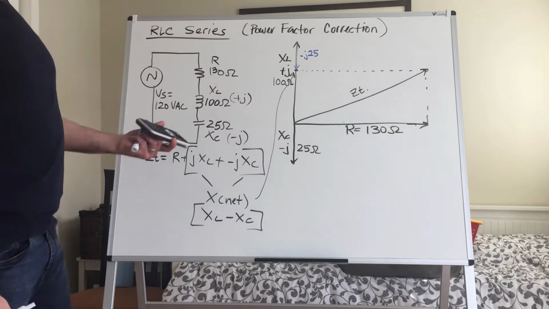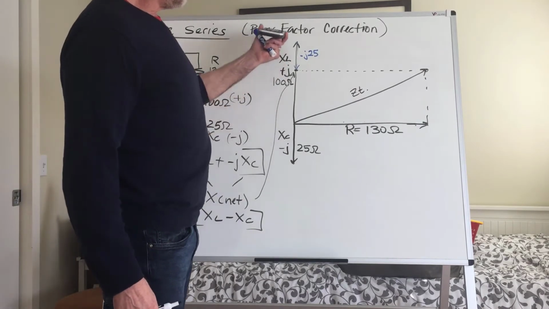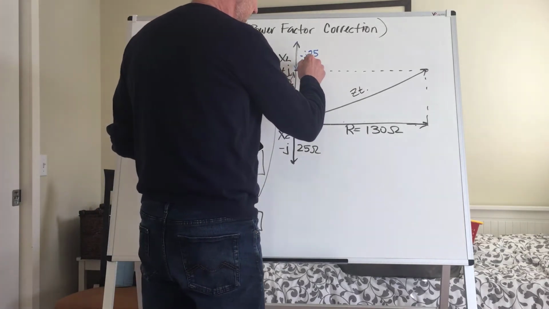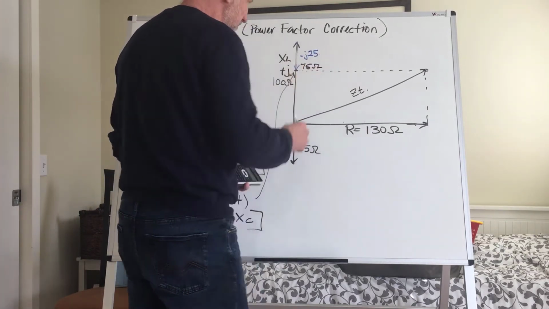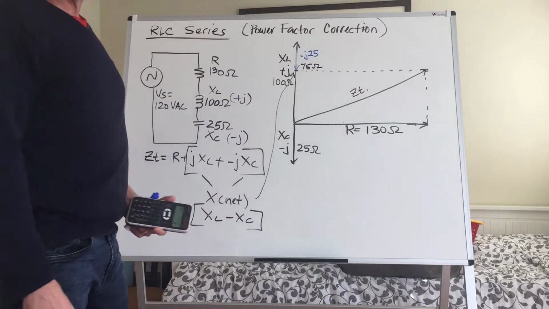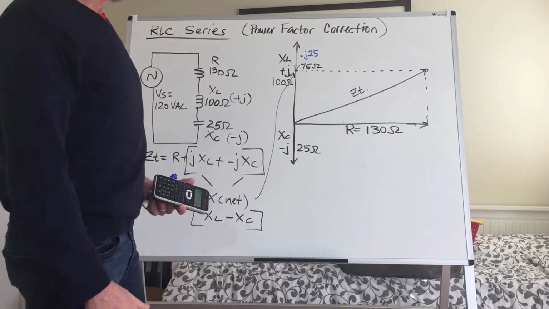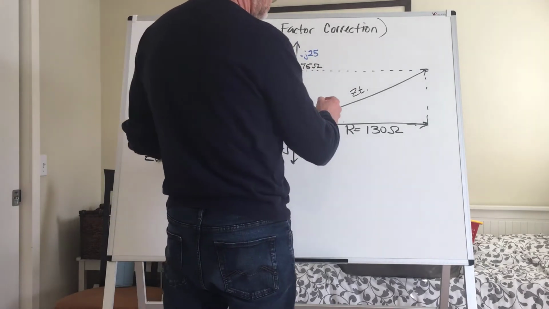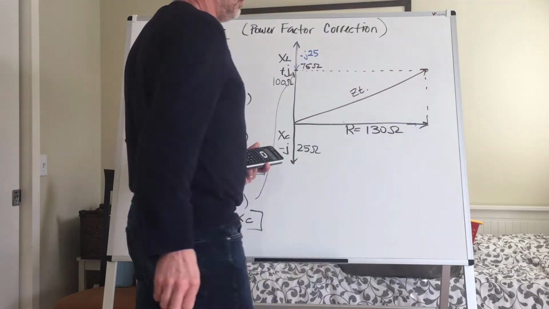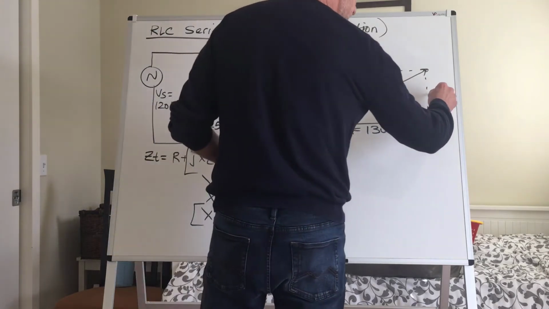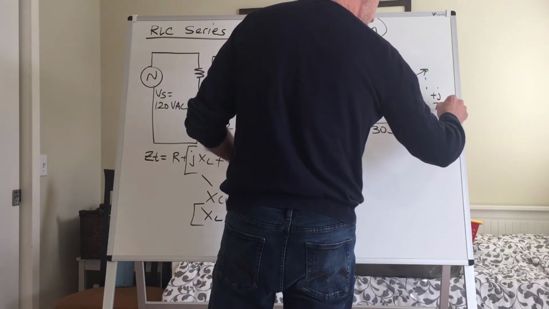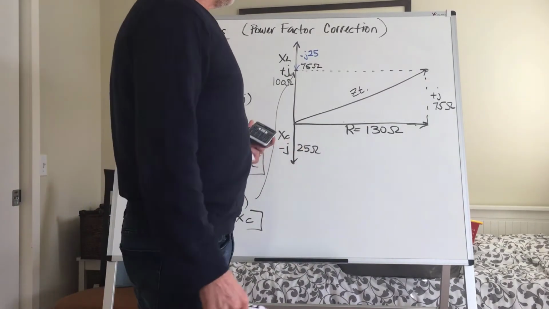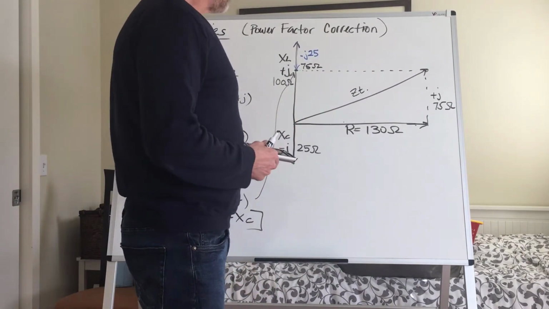Our X net value is equal to 100 plus minus J 25, which is going to be the result of 75 ohms of net reactance. So now if we turn that into a triangle, you'd have 75 ohms of plus J net value over here, and 130, and that's going to give you your impedance triangle.